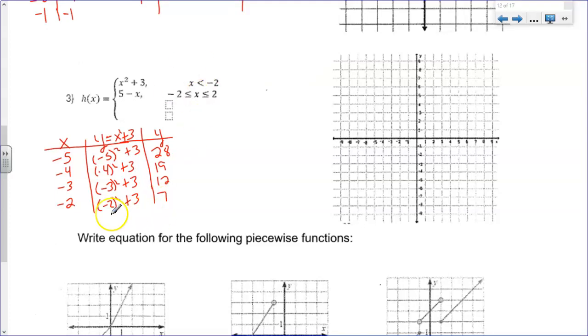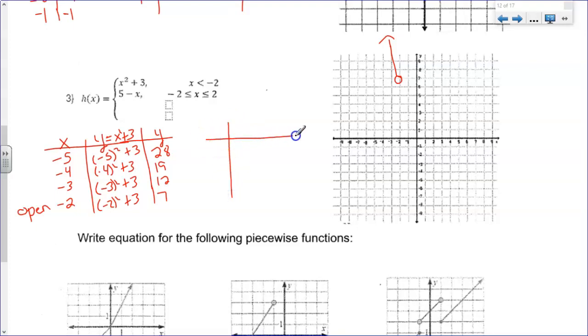Here at negative 2, this is going to be an open circle. So negative 2, 7, open. And then negative 3, 12 would be up here. So that graph there would be like that. And it's kind of curved because it's a quadratic. If you remember, it's a U shape.